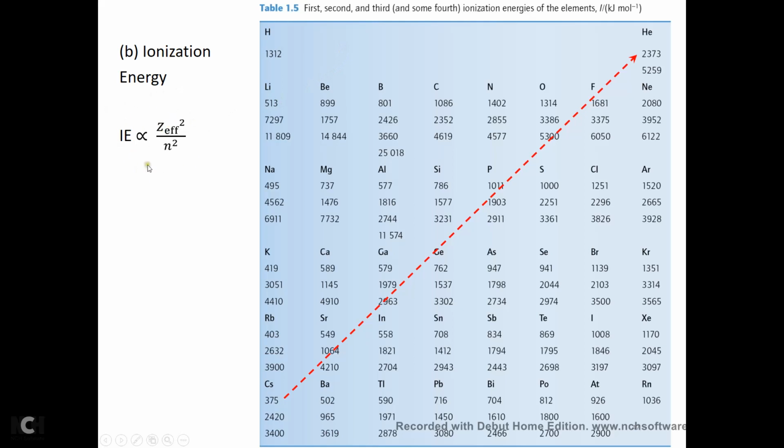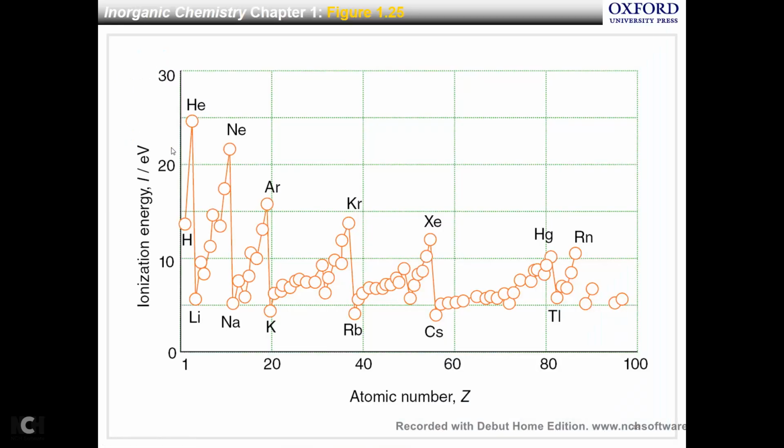Again, this equation tells you semi-quantitatively how the ionization energy depends on the effective nuclear charge and how this depends on the principal quantum number. Again, ionization energy from hydrogen to helium, and then from lithium to neon, from sodium to argon. You see the trends. Of course, there are some exceptions here and there.